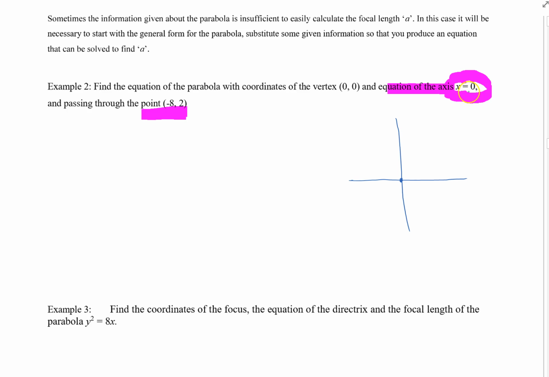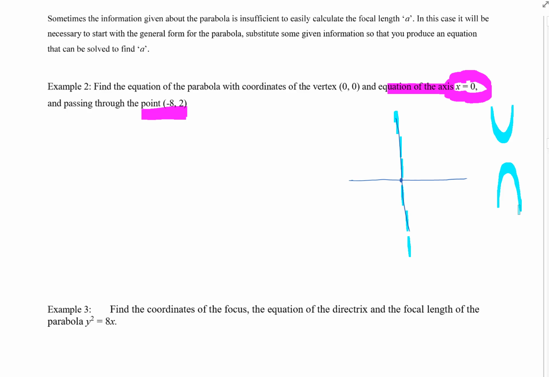So hopefully we all know x is equal to 0 is the y-axis. So it means that this is the middle of the parabola. So at least that's reduced to 2 options, the way the parabola could be. It now either has to be a parabola going that way or a parabola going that way.